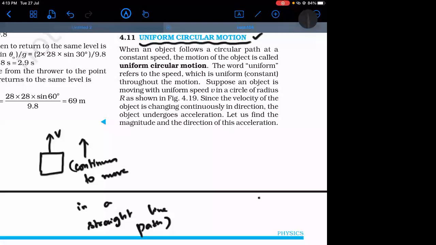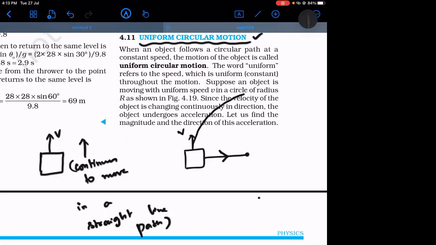Whereas, if the same object is given a linear velocity by connecting it to a string like this, then there will be a force which is pulling this object towards the center of this kind of path called a circular path. So what you guys told is right, it is a circular path only.